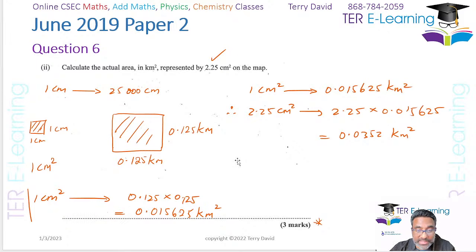Let's double check my answer. That's all I do. 15625. Looks correct. Anybody seen any error there?